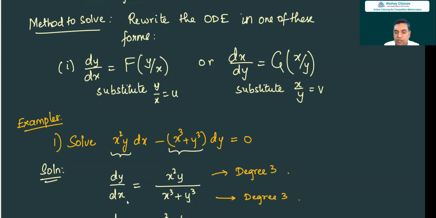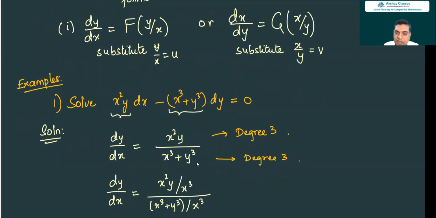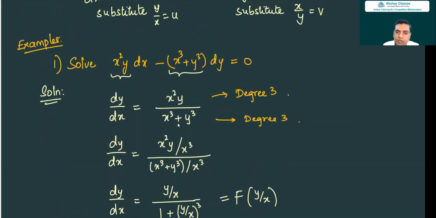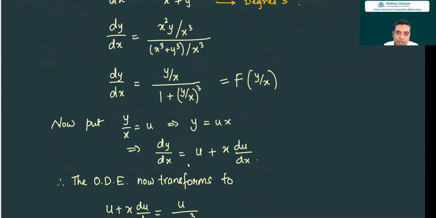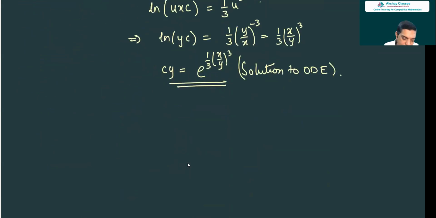So this is a polynomial in x and y of degree 3 in each term. By dividing by x cube, we converted to this form, then we substituted u and we solved. If we get the concept, the steps are not an issue. Concepts we just have to get right.